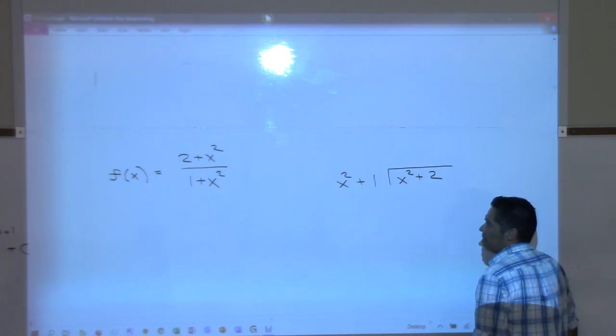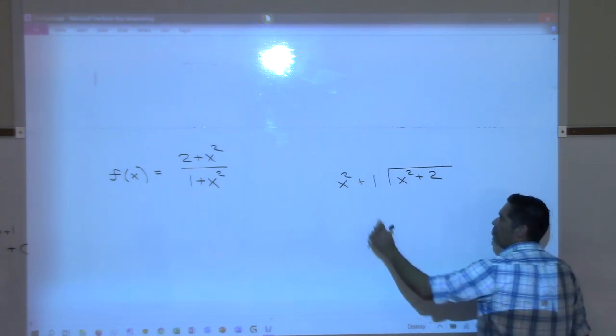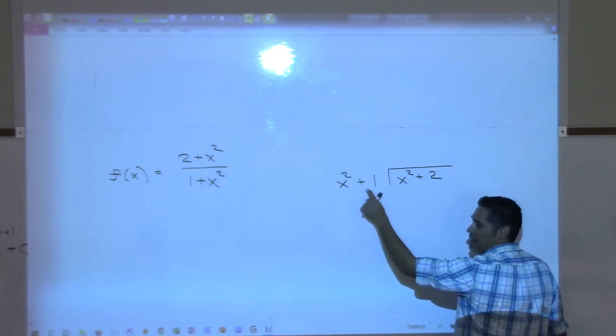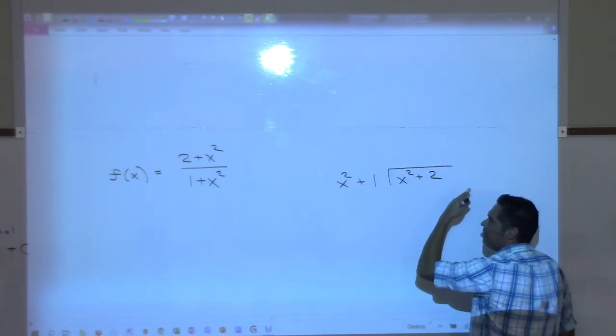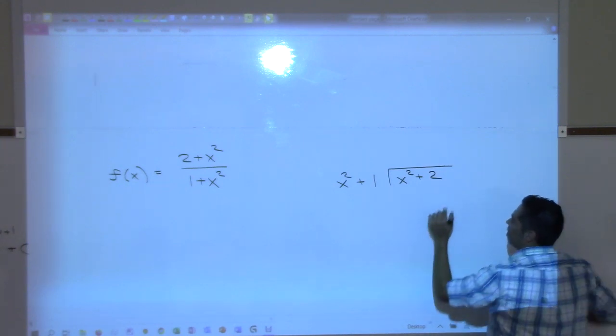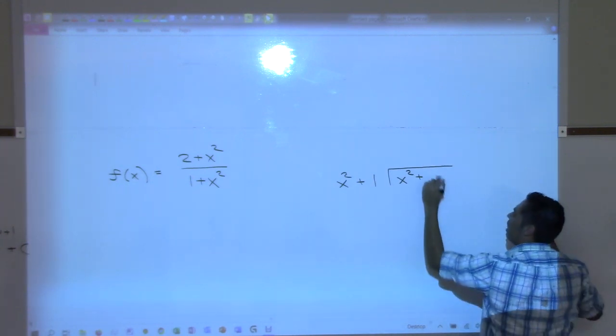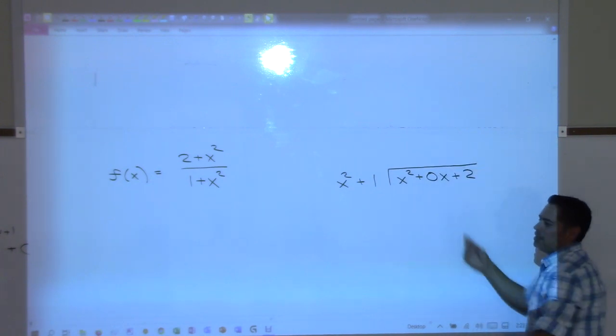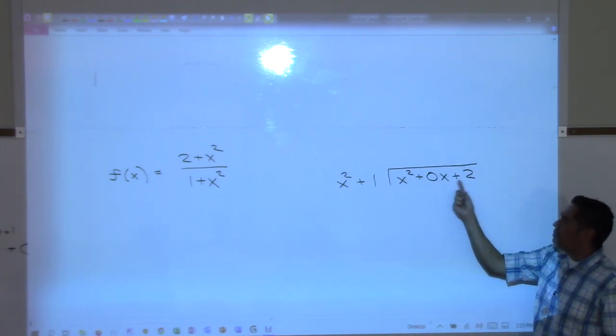The way you do this, you make sure you put the numerator in the box and denominator outside. Make sure you're in descending order. Normally, I should leave a space for the x term. Since there's no x term, put a 0x here and then plus 2.